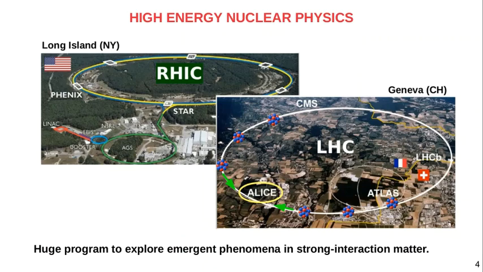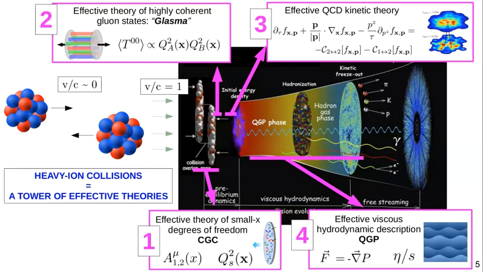Due to the energies, you can really study fundamental phenomena of the emergence of states of matter from fundamental degrees of freedom. And this was a very successful program over the last 20 years. We have essentially become masters of making up effective descriptions of QCD, I would say.